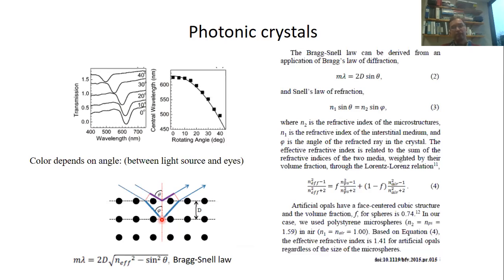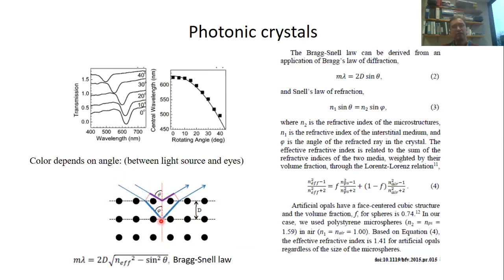So therefore, the interference phenomenon that results from the interaction of the visible light with the macroporous lattice depends both on the incident angle of the light, but also on the refractive index of the photonic crystal.